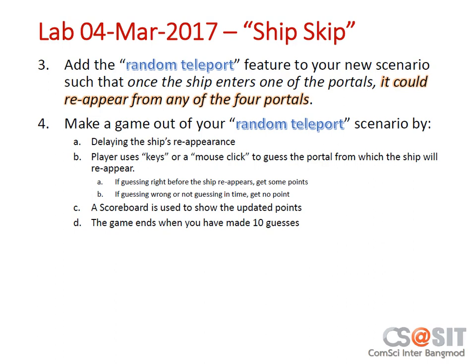Okay? So if your guess is correct, you get the point. If your guess is wrong, you don't get the point. Now it's up to you to tweak it in a way that you like. Say, for example, if you can make a correct guess within the first 1 second, you get like 10 points. And if it is like 3 seconds, then you got like 5 points. That depends on how you want to do it. Okay? But every time you make the correct guess, you're supposed to update the score.